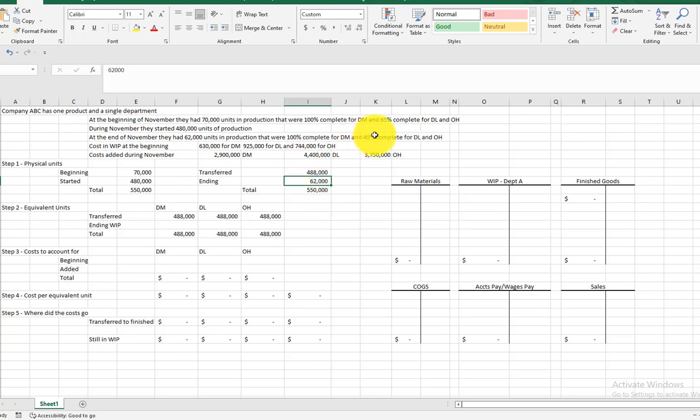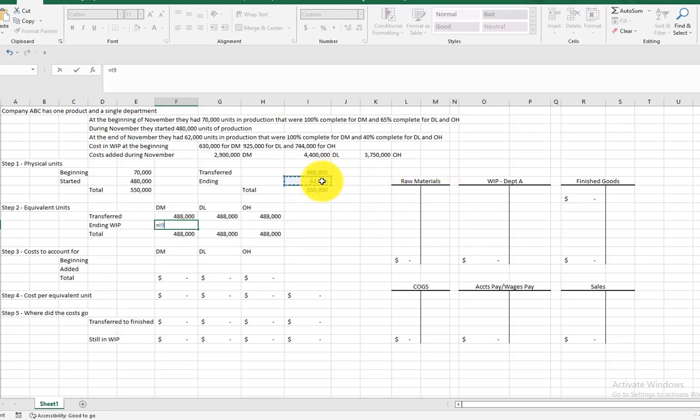And we do know what their completion percentage is. It does say that right here in this statement. So for direct materials, they are 100% complete, it says.